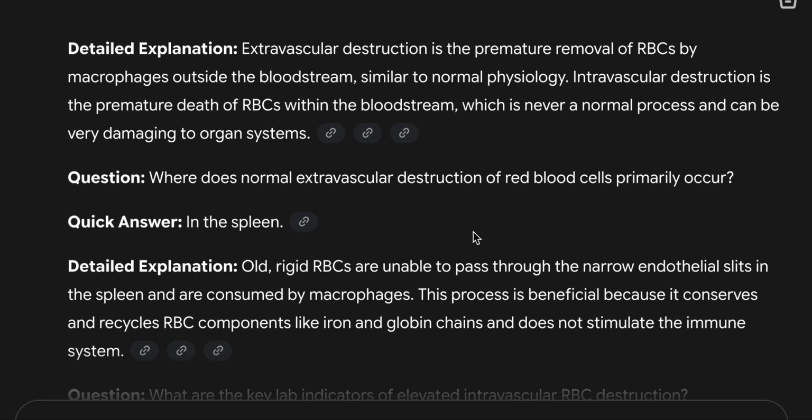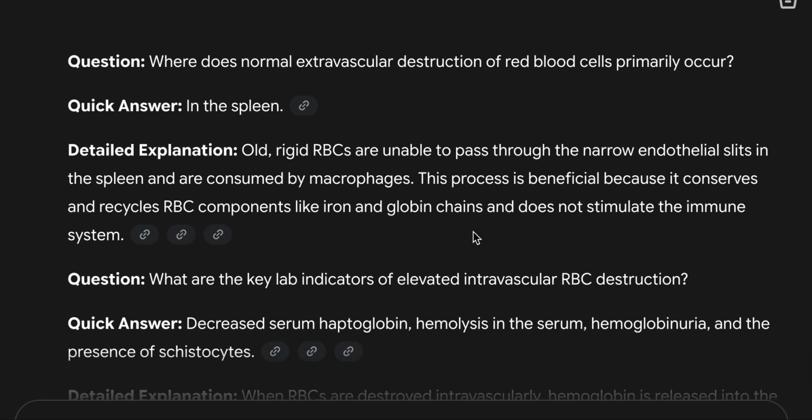Where does normal extravascular destruction of red blood cells primarily occur? In the spleen. And I'm going to tell you how. Old, rigid red blood cells, because remember, they lose flexibility, the proteins and the lipids are starting to get faulty.